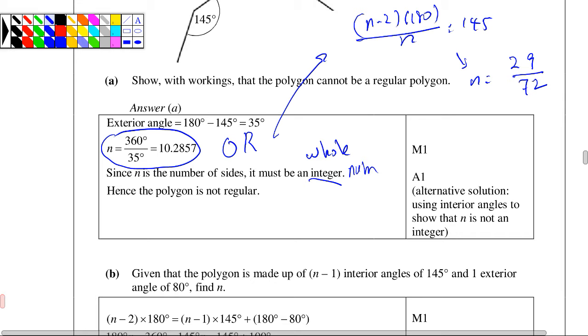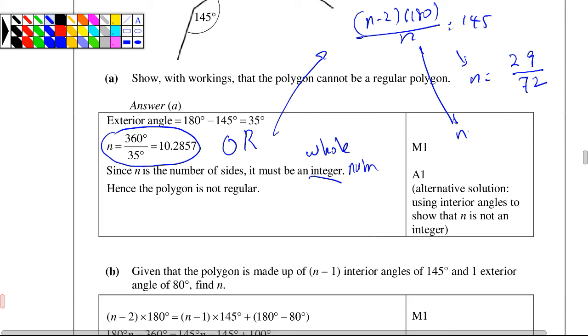Now, you can use this working, but I think the answer is not 29 over 72. What's the answer? So you use this working, your answer is n equals to 72 over 7. So this is 1 mark.